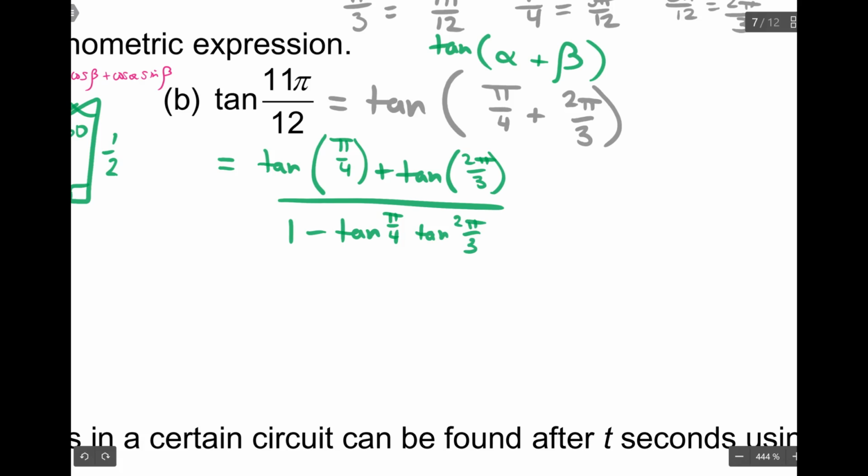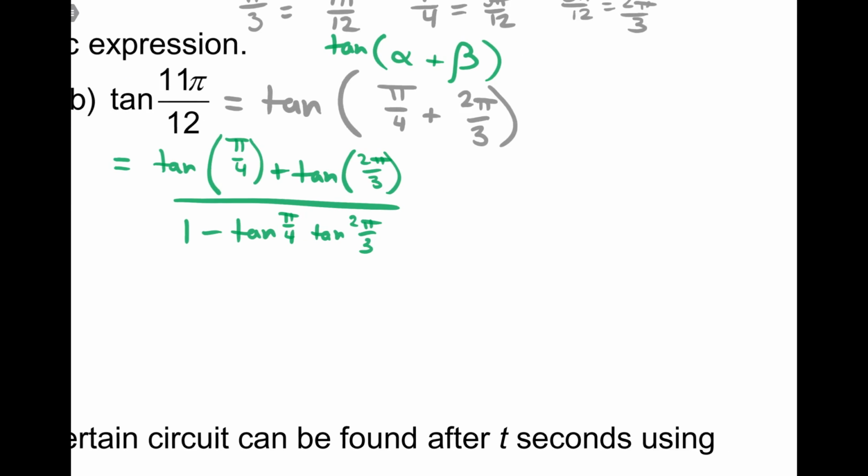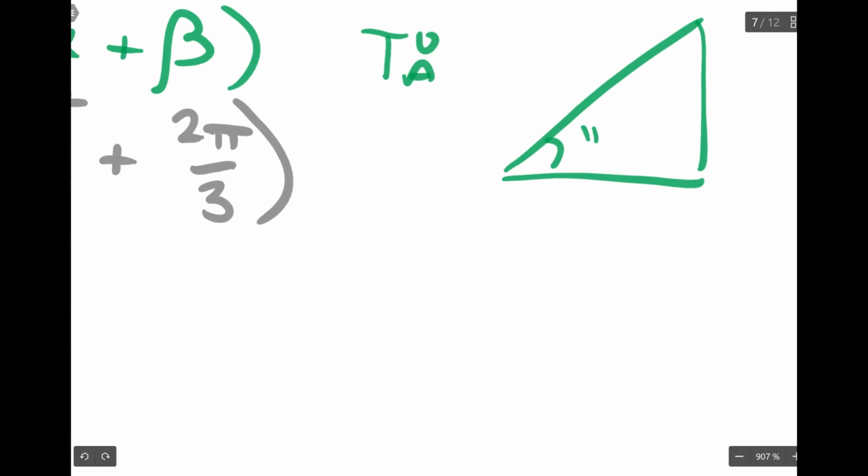It'd be a lot easier to plug in if I knew what the values were. So the value for pi over 4, let's think about this. I know tangent, TOA, here's pi over 4. So this is 45, 45, 90. That means my two sides are square root of 2 over 2 and square root of 2 over 2.